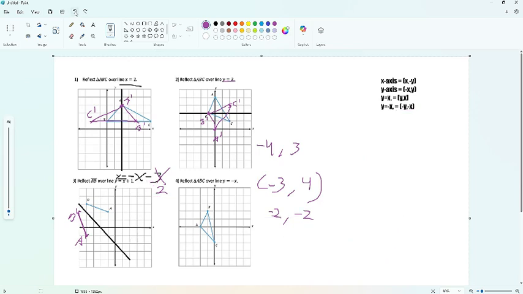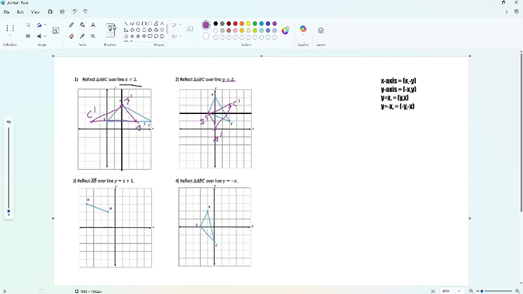No. Let's do another equation. I want to do another one. Let's say, I don't know, y equals -x plus 3.